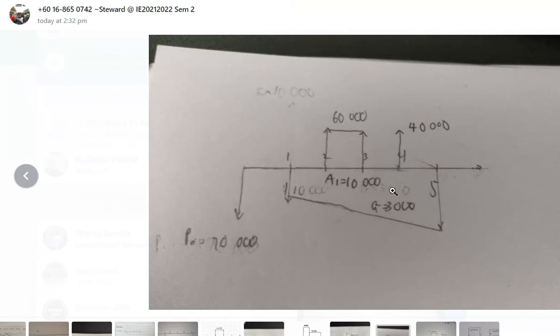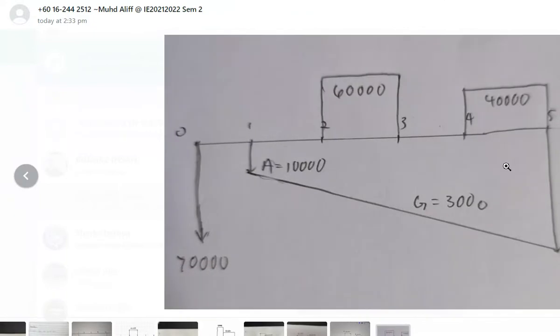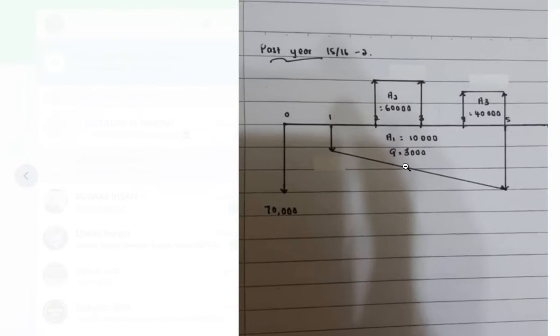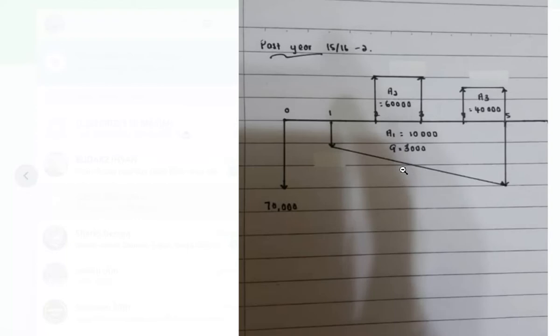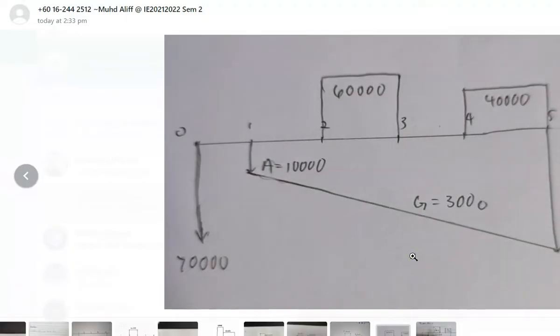The project, however, can only run for 5 years, meaning that the income for the third year up to the 5th year is 40,000. So you need to draw a block to the 5th year. Muhammad Alif, yours is correct.